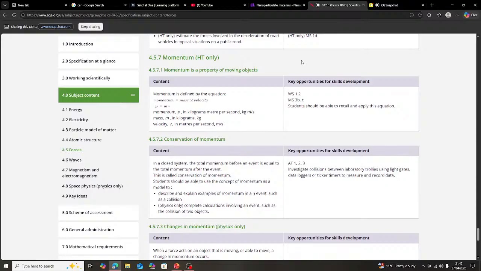And after he kicked the ball, what's the momentum of the ball going? 50. Why? Because the momentum before equals the momentum after. It's the conservation of momentum.